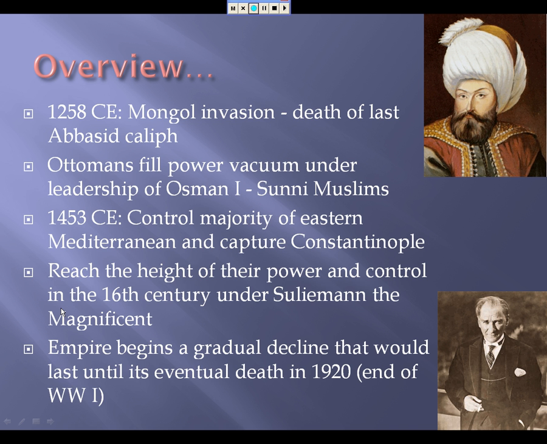All right, so the Ottomans. To understand the Ottomans, we have to go back to the Abbasid Empire real quick, or at least to when the Abbasid Empire ends. By the way, who's responsible for the Abbasid Empire finally collapsing? Mongols, good. So it's out of that Mongol invasion that the Ottoman Empire is allowed to begin, because it creates what we call a power vacuum.